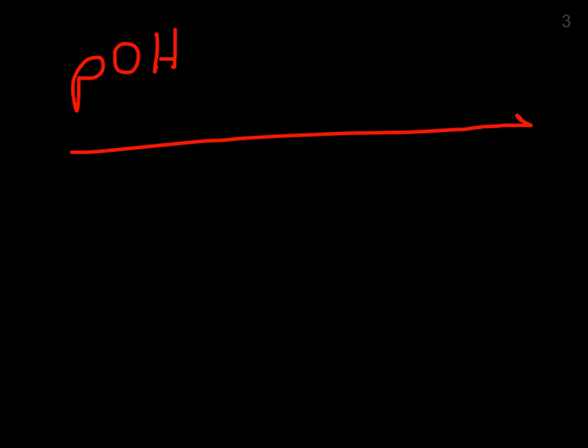Now if I looked at a pOH scale, nobody uses that, but we could. There's no reason why pOH isn't used. 0 here, 14 here, 7 is still neutral, because when it's pOH of 7, it means that the H pluses equal the OH minuses.